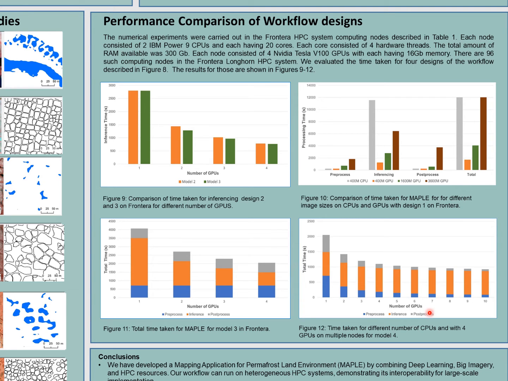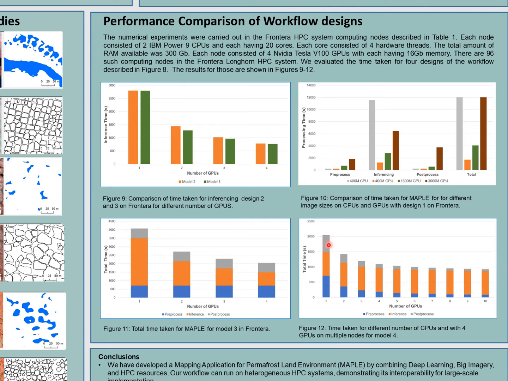And in figure 12, we compare the results for different numbers of CPUs. When you use one CPU, the result for GPUs is the same as in design 3, because here we use one CPU only.